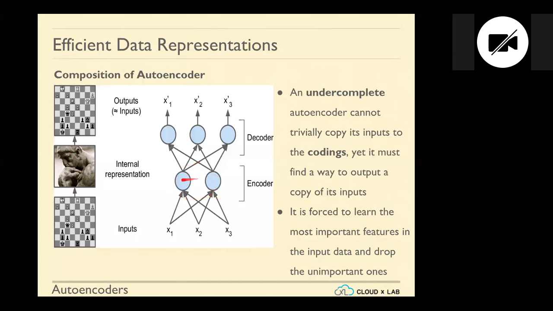Because of the backpropagation, it will only retain the important features from the input. Since we have to minimize the loss function by comparing the input and output, the backpropagation is going to force it to only learn the important characteristics of the input data.